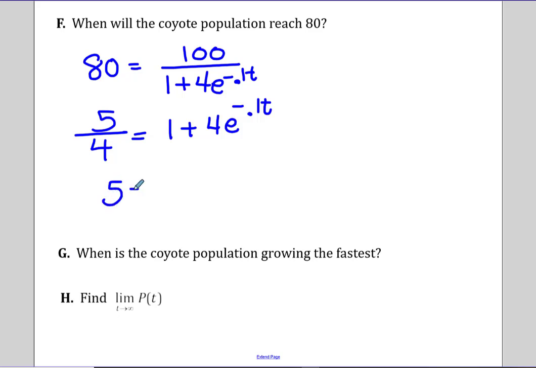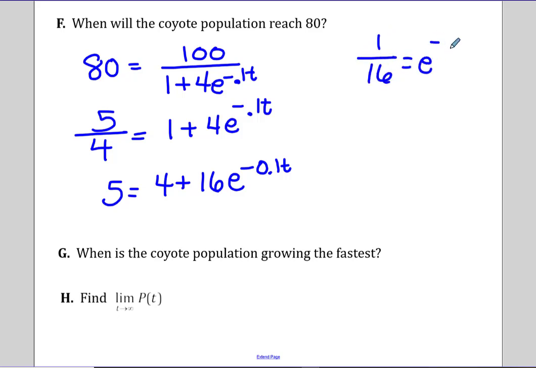So 5 is equal to 4 plus 16e to the negative 1/10 t. And so 1/16 is e to the negative 1/10 t.